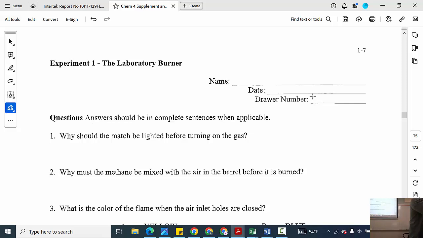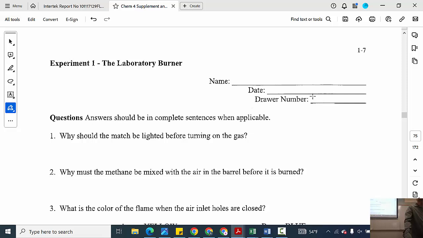Yeah, well, you can tell because there's a smell. Methane is not poisonous. We don't have to worry, it's not going to poison you.